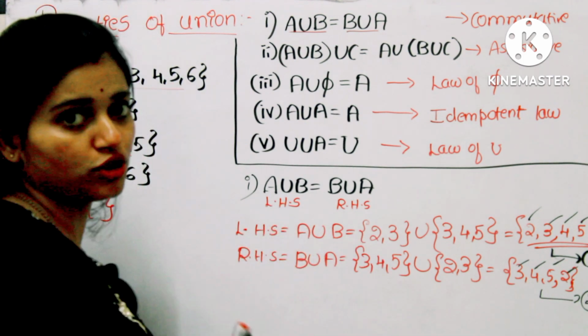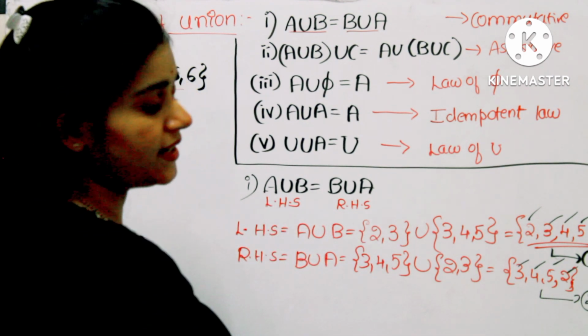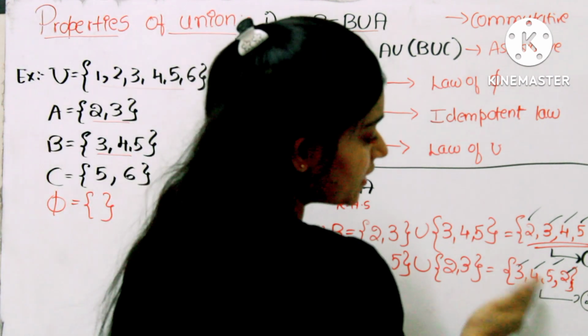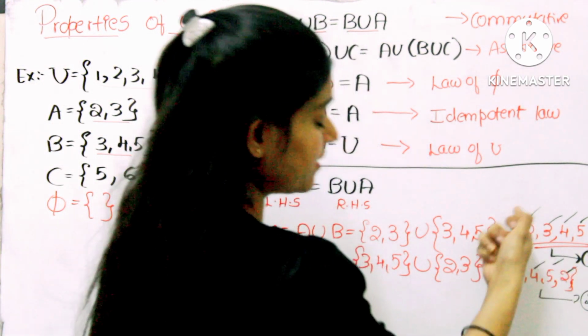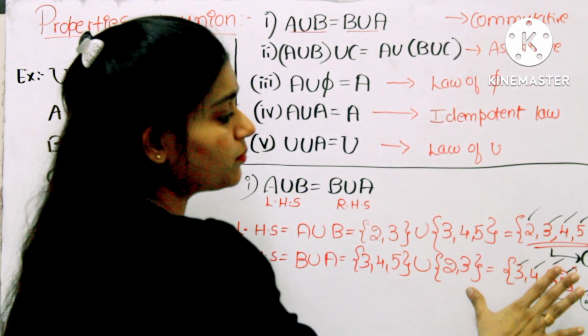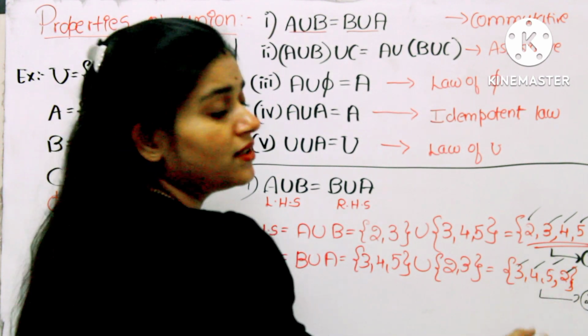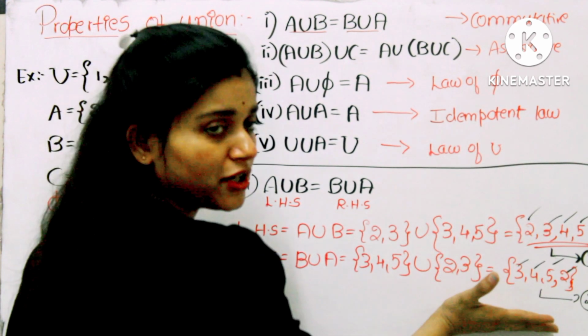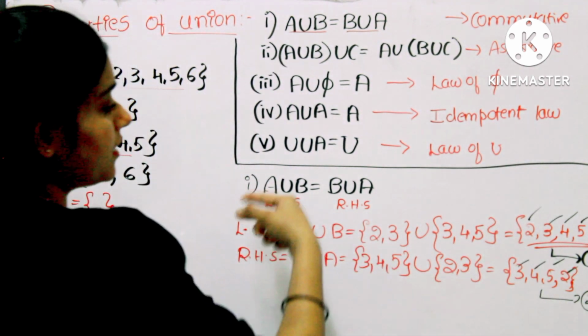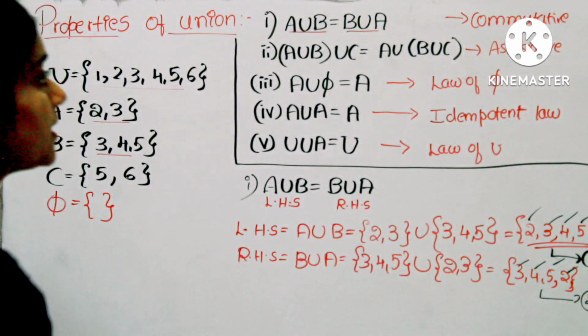A union B is equal to B union A. Its order is changed, here 2 is first but it is at the end. That does not matter. But all the elements in A union B should be in B union A. So this is what commutative property holds.